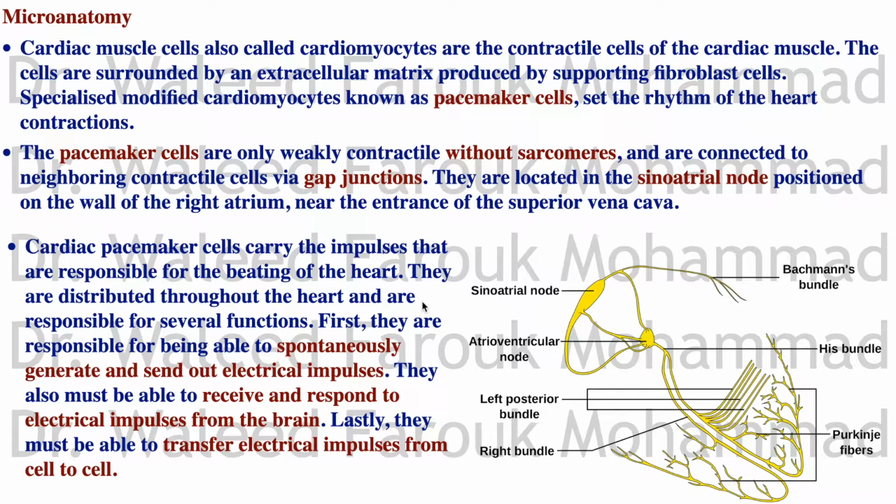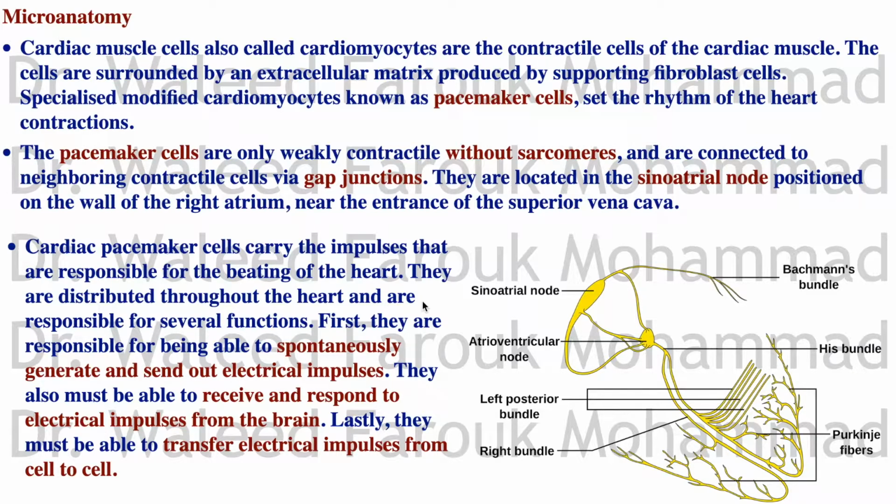There are also, among the cardiomyocytes of the heart, special modified cardiomyocytes called the pacemaker cells. They have the phenomenon of automaticity, meaning that they can contract on their own, and they have the ability to receive nerve supply to regulate their functions.